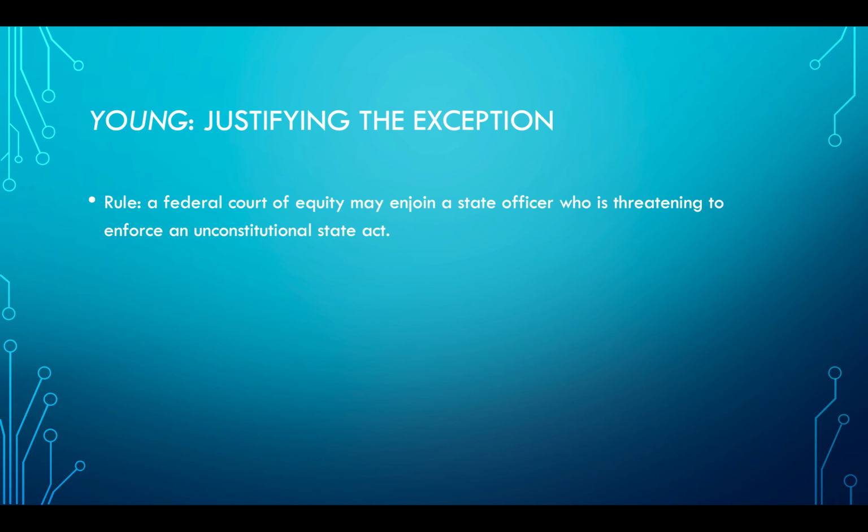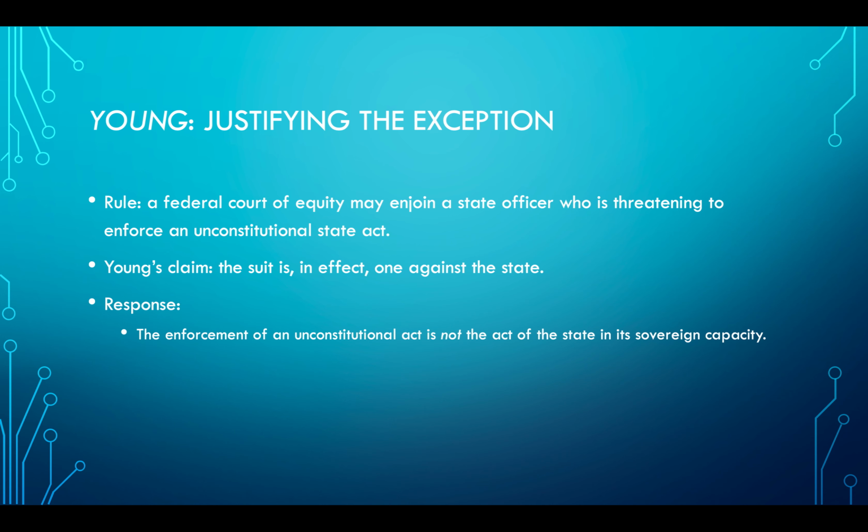The attorney general said, but the 11th Amendment precedent says that states can't be sued in federal court against their will, and when you sue me, the attorney general, you're in effect suing the state. And the court said, no.